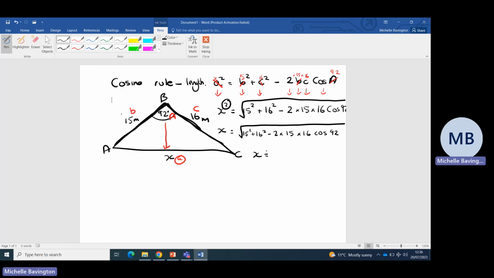Okay, let's do that again. Brackets, 15 squared plus 16 squared.